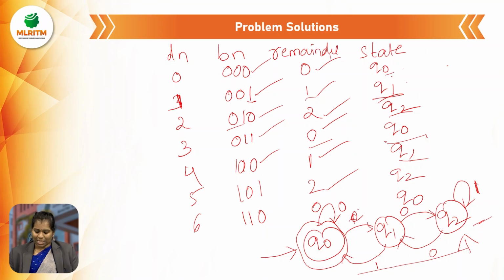So it has to be different states. Whenever it is a complete DFA, your process is correct. Whenever it is not a complete DFA after getting the self loop on the last state, your process is wrong. So again, you need to do the same process. So thank you.